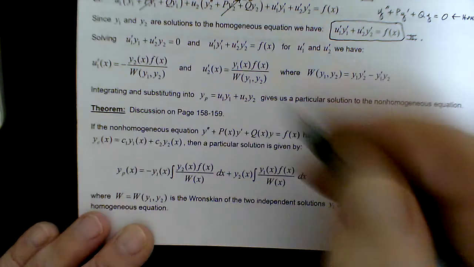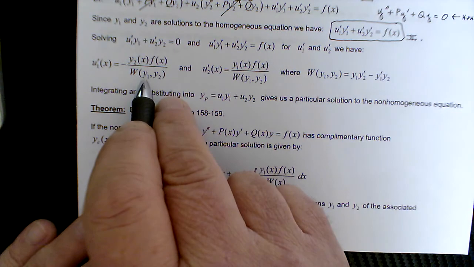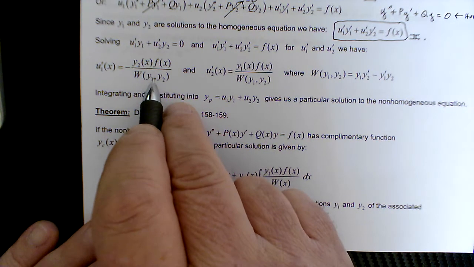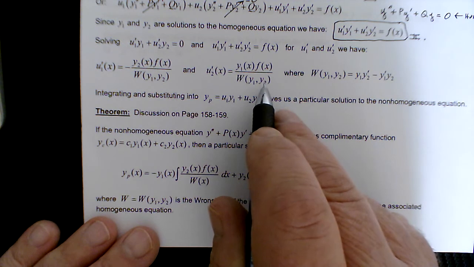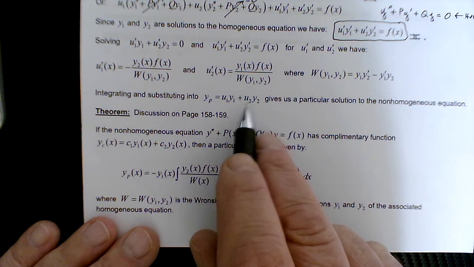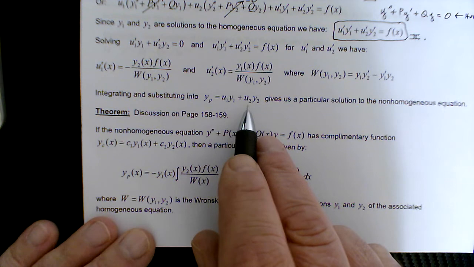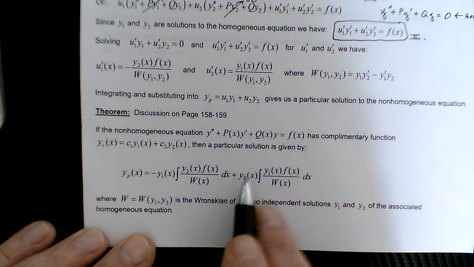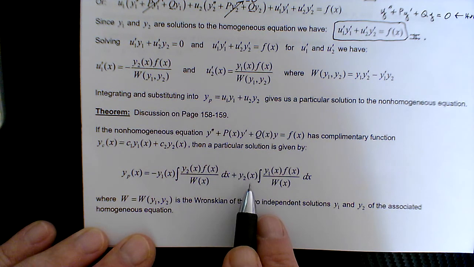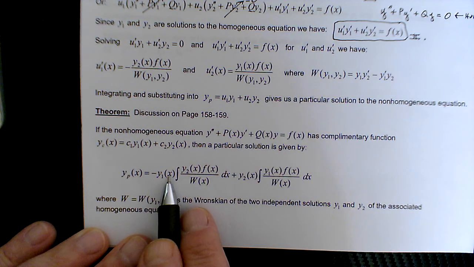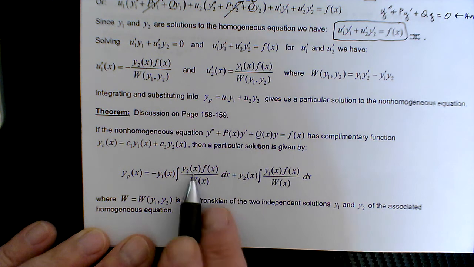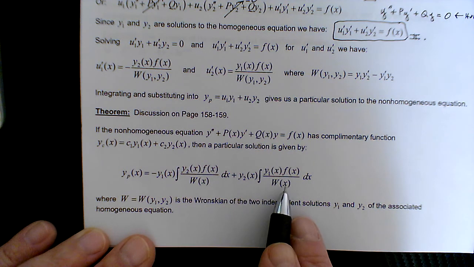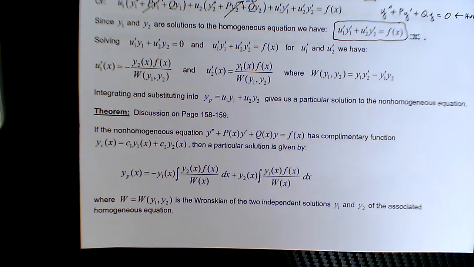So u1 is going to be the integral of u1 prime, u2 is going to be the integral of u2 prime, and then you substitute those into y sub p. That gives us the particular solution. And so then we have the formal theorem stated. Okay, and we factored out the minus y1 and the y2 from our integrations.